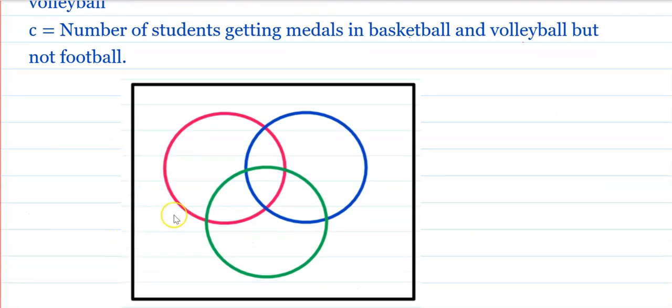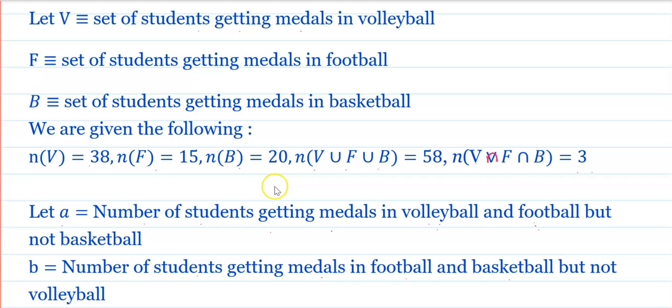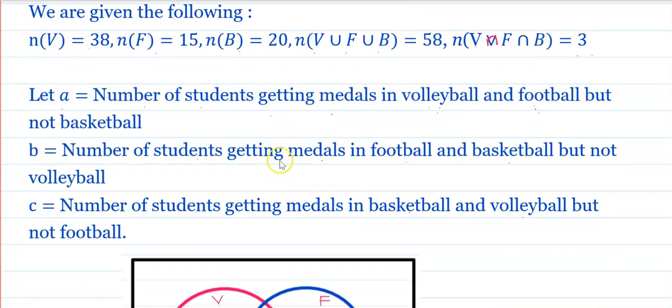Now, see the diagram. First I will write here V for volleyball, F for football and B for basketball. There are 3 students who get the medal in all these 3 sports. Now first here A is equal to the number of students getting medals in volleyball and football.